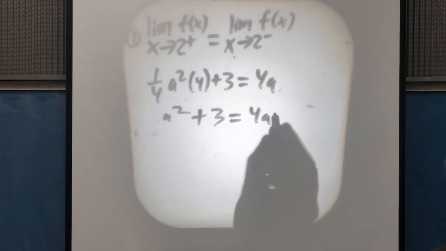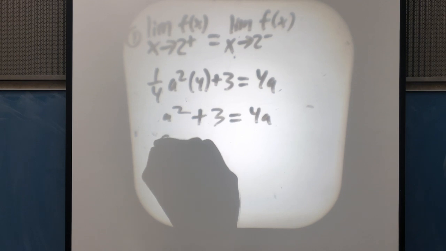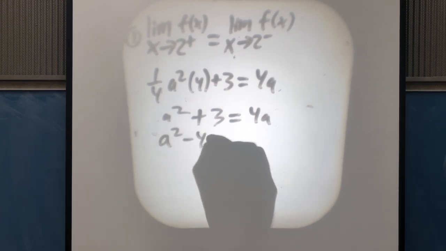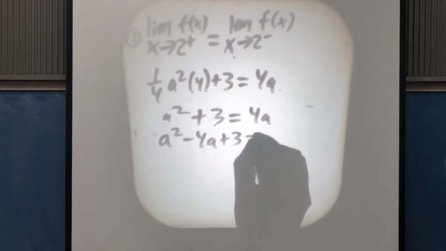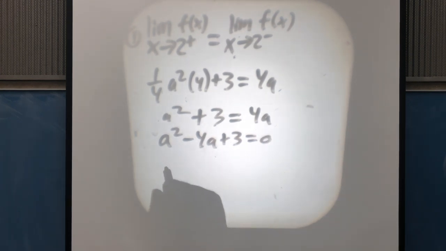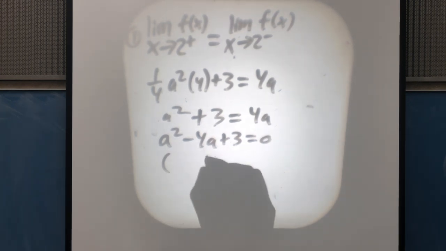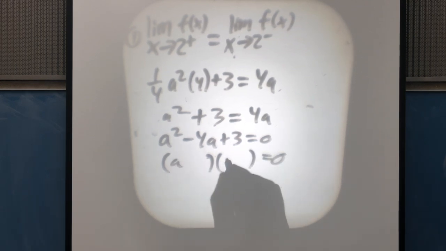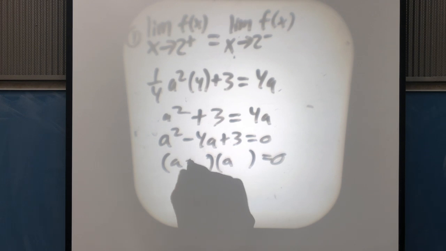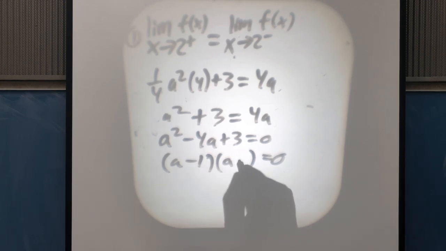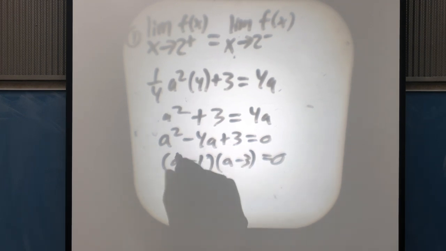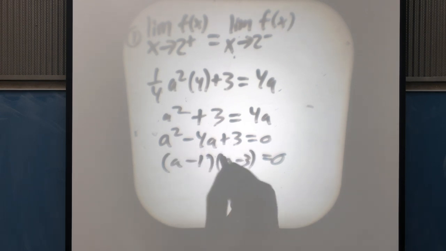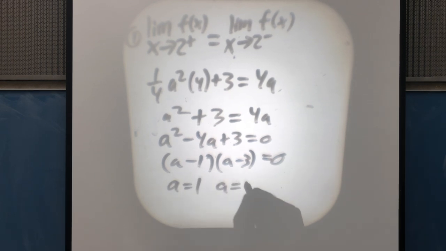I want everything on one side, so subtract 4a to the left. a squared minus 4a plus 3 equals 0. Then factor: a minus 1 and a minus 3, checking, that gets you 4a. So a equals 1 and a equals 3.